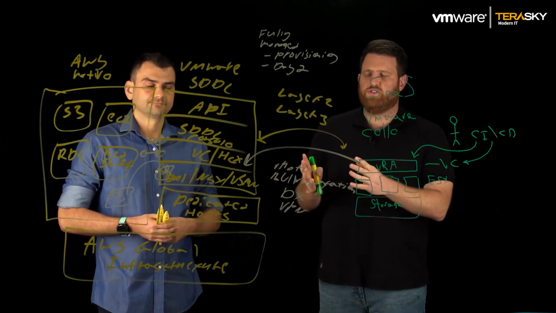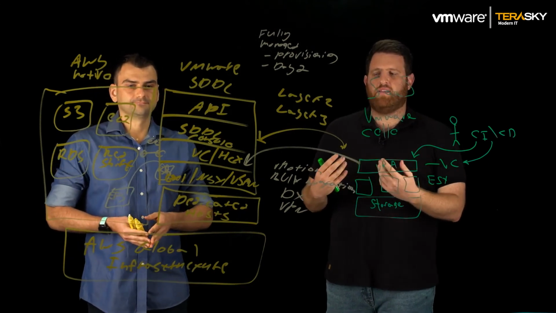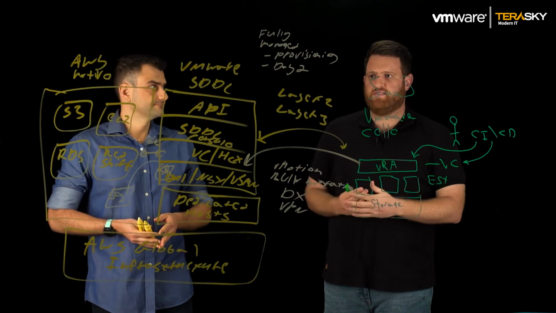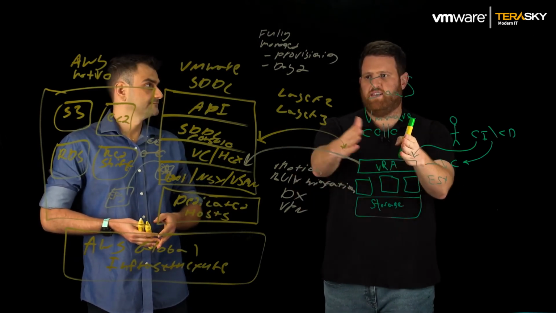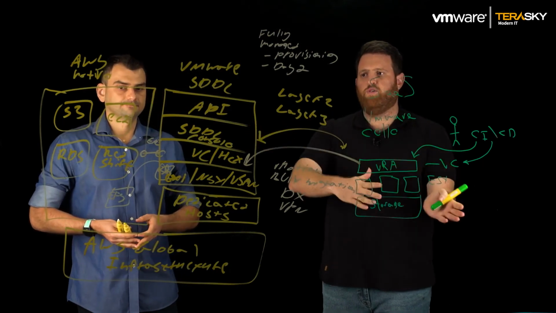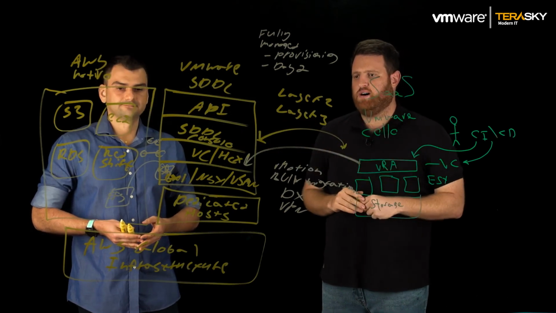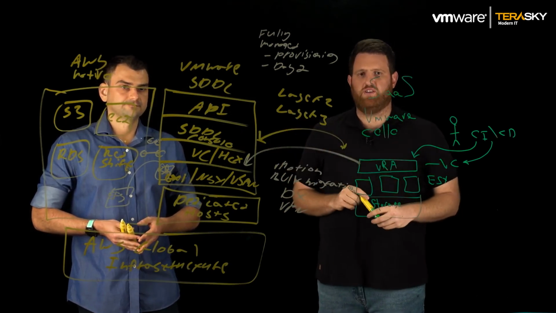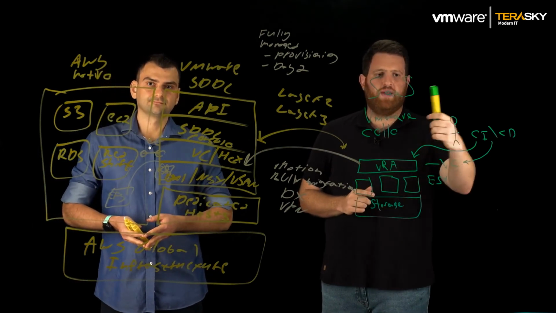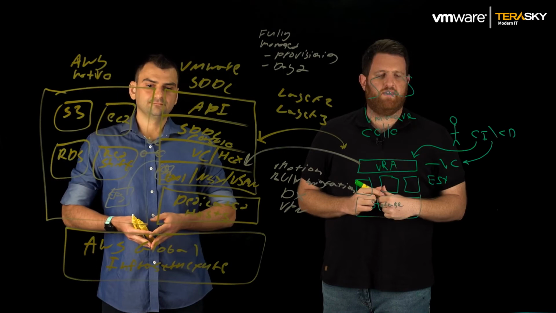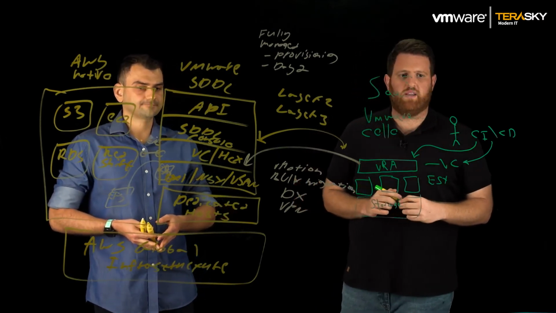This kind of solution makes sense for a lot of use cases that we as TeraSky see in the market, and we actually implement several projects which look like this, whether it's data center extension or a full migration of workloads, lift and shift from on-prem to AWS, especially on VMC, without the need to re-platform the application or redesign the CI/CD pipelines or any automation mechanisms that we created on-prem.